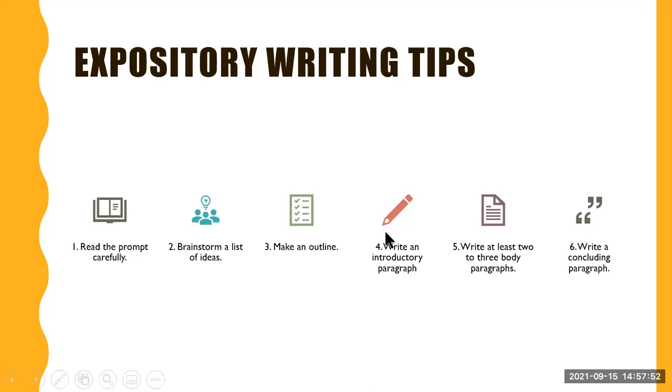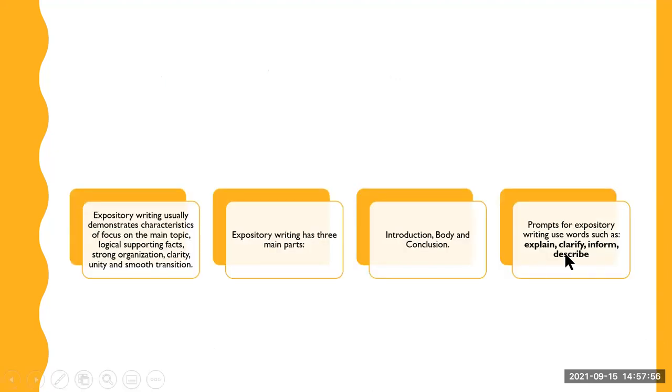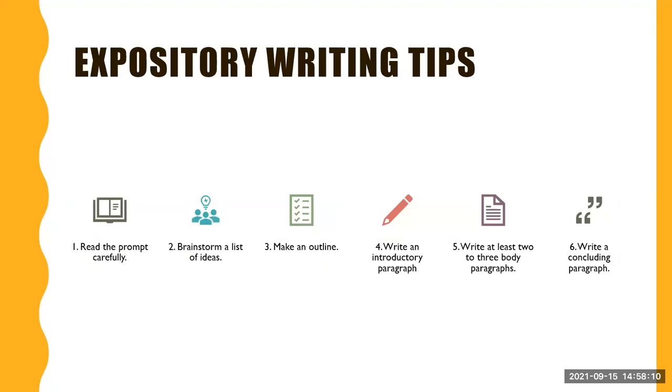So when we say read the prompt, as on the previous slide, you would have seen where I indicated that prompts for expository writing use words such as explain, clarify, inform, describe. So if you are expected to do any of these things, using the expository writing techniques would be the ideal method. So you're going to decide what it is that you are trying to do.